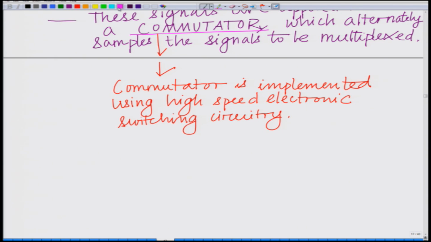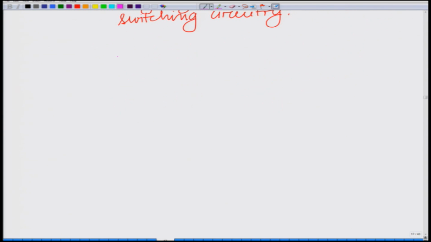If I look at a schematic of this diagram, it looks as follows. I have m1(t), the first signal to be multiplexed, similar to frequency division multiplexing, then m2(t), and so on up to mN(t).